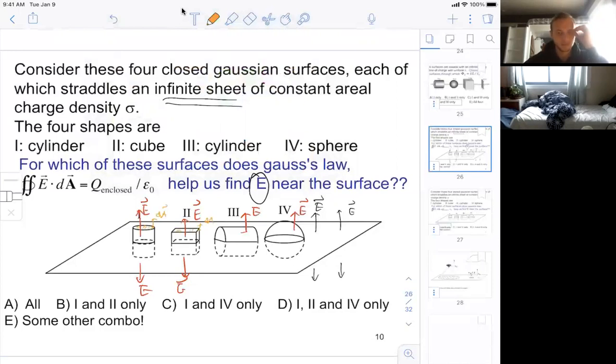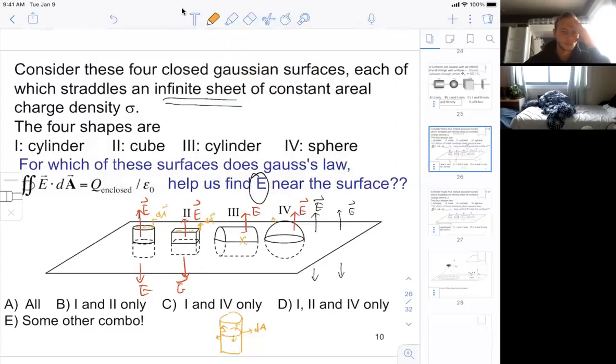This one is a sort of a sideways cylinder. Your dA for a cylinder is this way, sort of pointing in all different directions depending on where you are on the barrel. So it's not always parallel to E, so that wouldn't work.